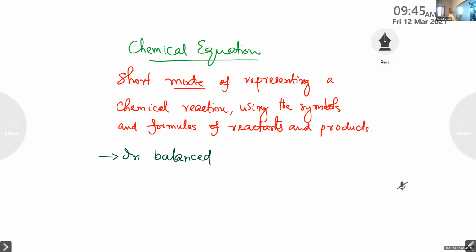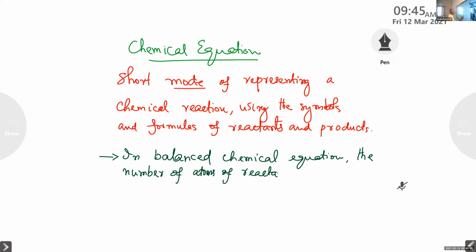In a balanced chemical equation, the number of atoms of reactants and products are equal.